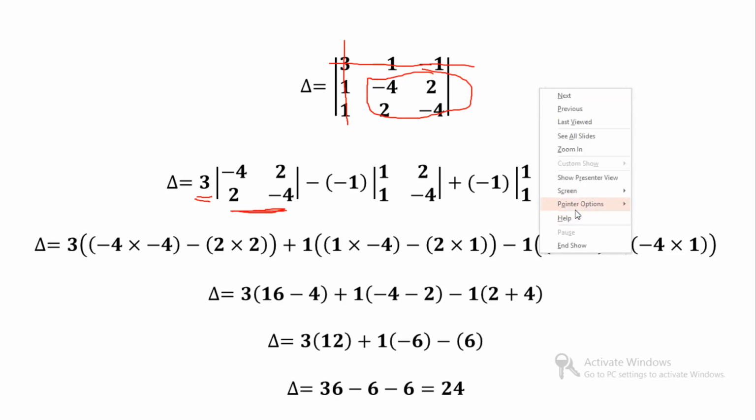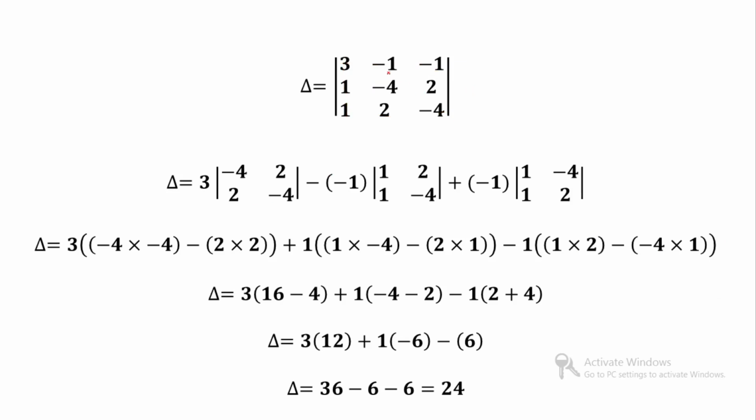So that is the first step. Again consider the second coefficient, that is minus 1. This is the minus sign by the default formula. Again consider the second column and the first row, and the remaining terms we will write as a 2 by 2 determinant.